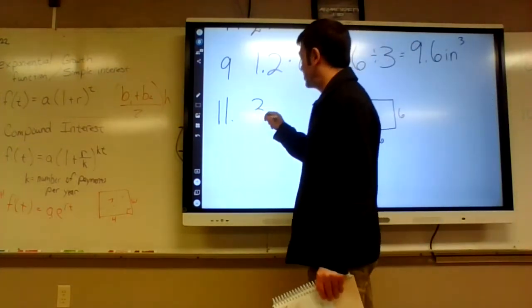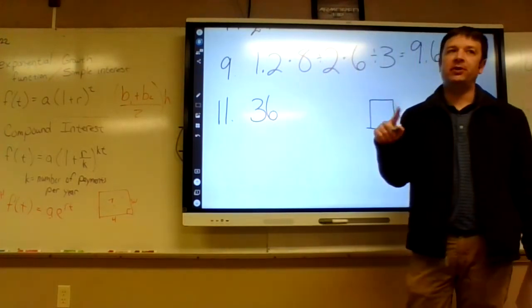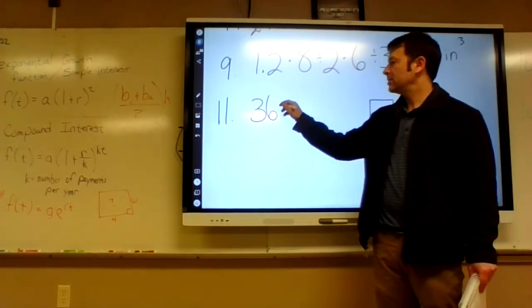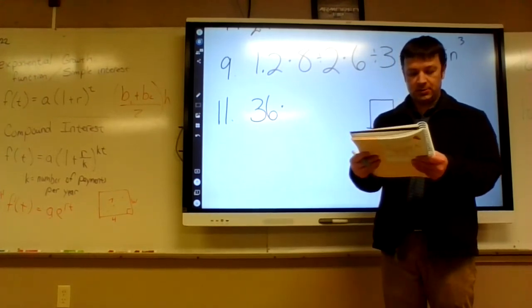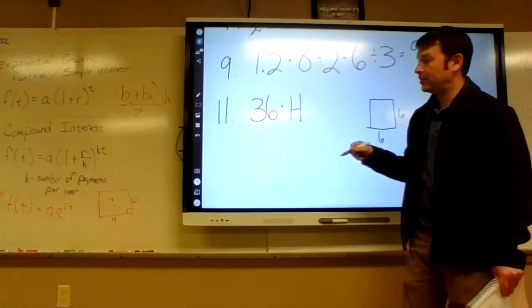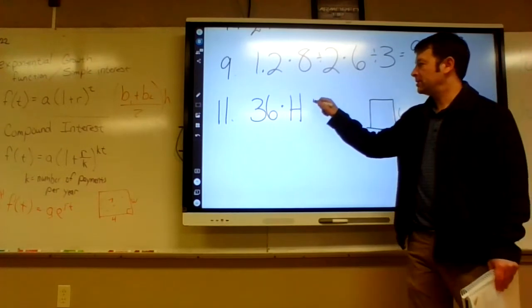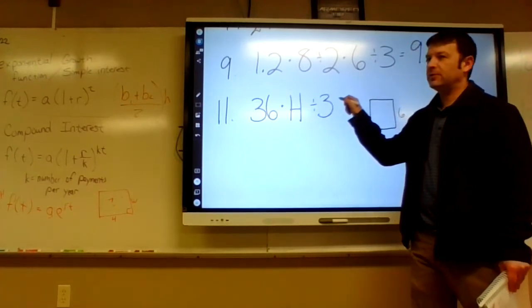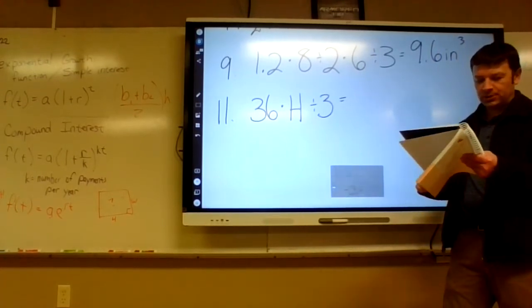So the base is 36. What do I need to do after I find the area of the base? Times the height of the pyramid. Oh, we don't know what that is. So that's where I'm going to put my variable. And then divide by 3. And that should give us the volume, which they told us was 108.